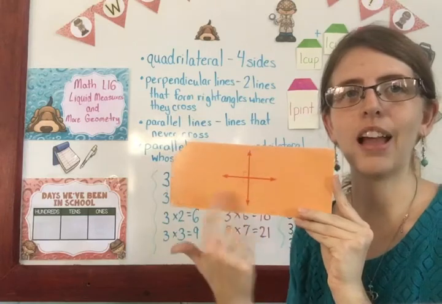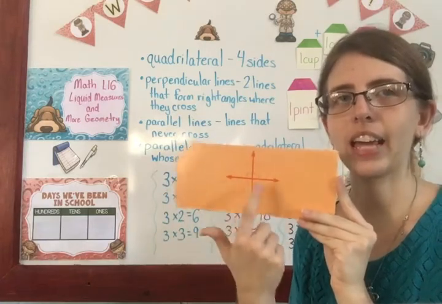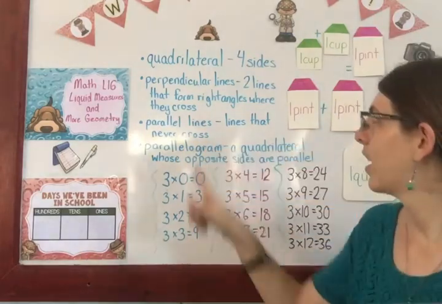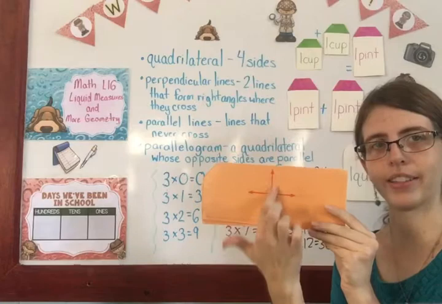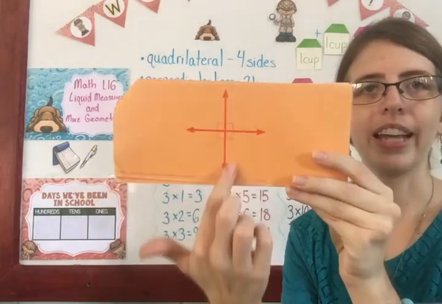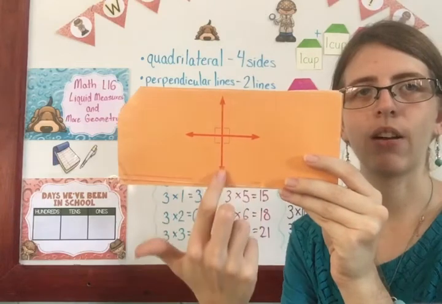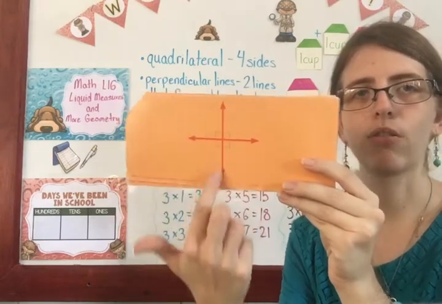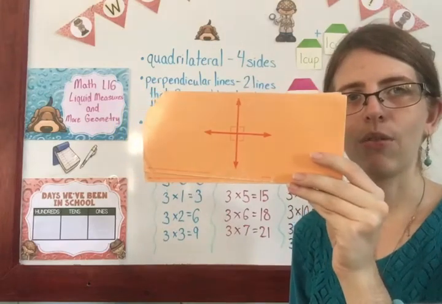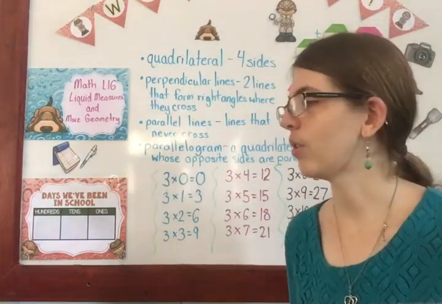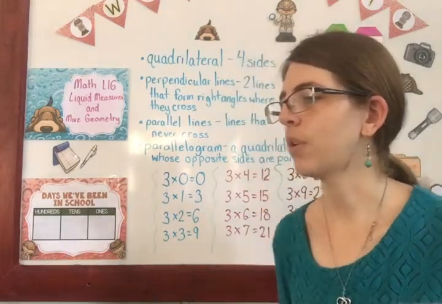They are 2 lines that form right angles where they cross. See my 2 lines? They form angles that go straight up and straight down, straight up and straight over. 1, 2, 3, 4. 4 right angles. So those are your perpendicular lines. Okay?